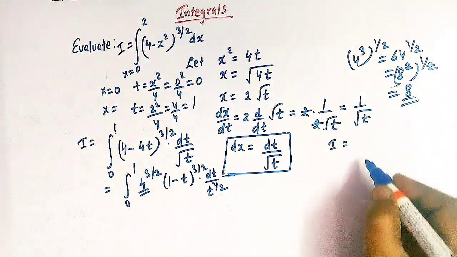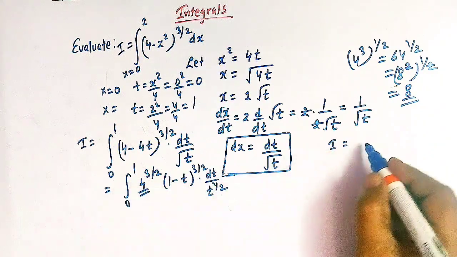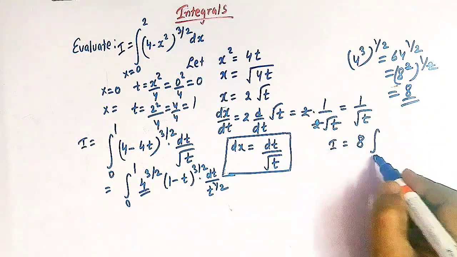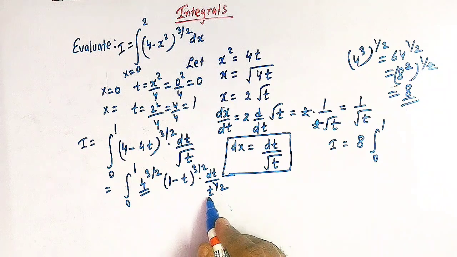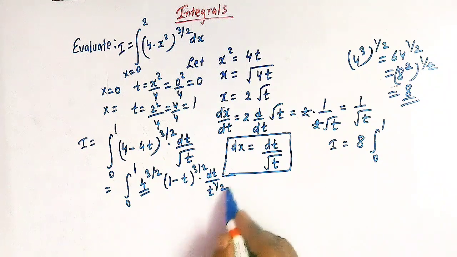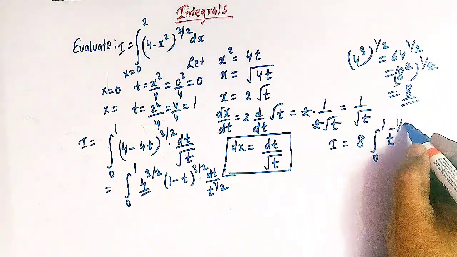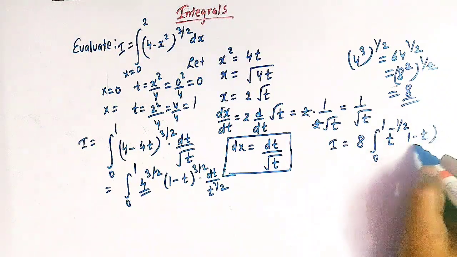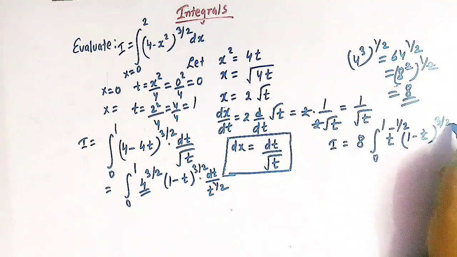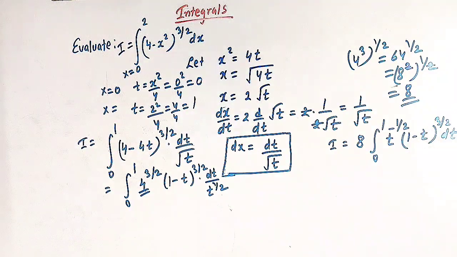So here we can write 8, and taking 8 outside the integral, we have 0 to 1, and we can take t raised to half to the numerator. So we have t raised to minus half, and here we have 1 minus t raised to 3 by 2 dt, right?